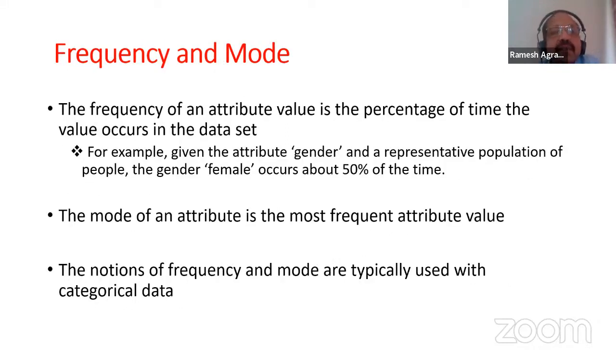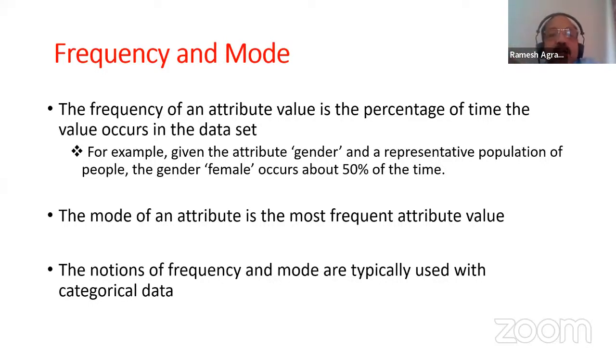Another thing which I talked about is frequency and mode. If you are given data, and let's say that data is described in terms of 5 attributes, you can describe the frequency of an attribute value for that particular attribute.